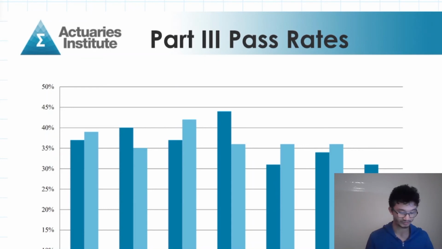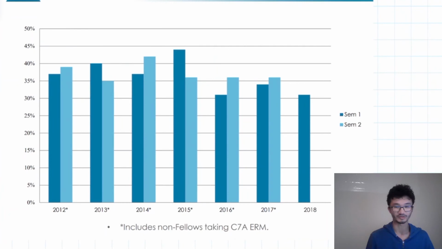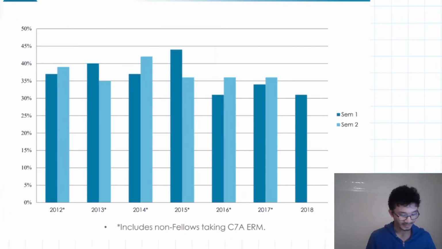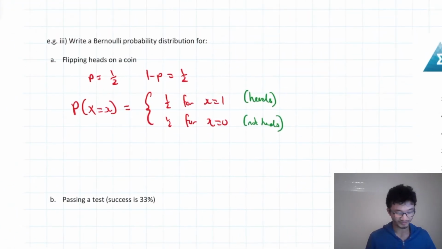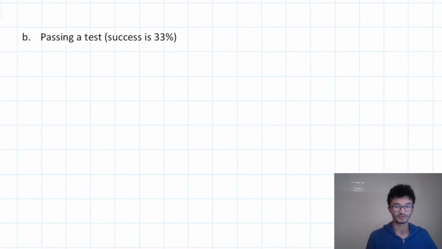And actually, you can see that the pass rate has fluctuated over time. These are from the past couple of years up until 2018. In some instances it doesn't go any higher than 45%, you can see there, but in some instances it's lower, it does fluctuate. I'm basing it off this 2018 result, which is approximately 33%, and so it's not too far-fetched that that can be a pass rate, right? So 33%.